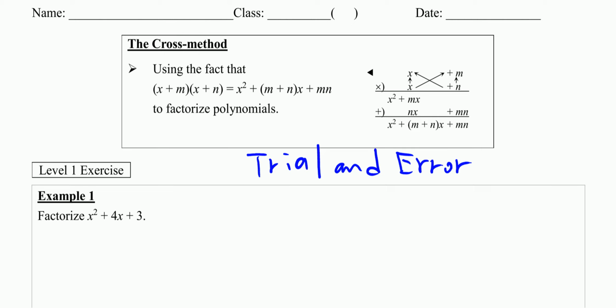Why? As you can see, in the expansion, we can expand two brackets into this type of format. And please look at the constant term. The constant term is the combination, or more accurately, the multiplication of the factors of the constant.